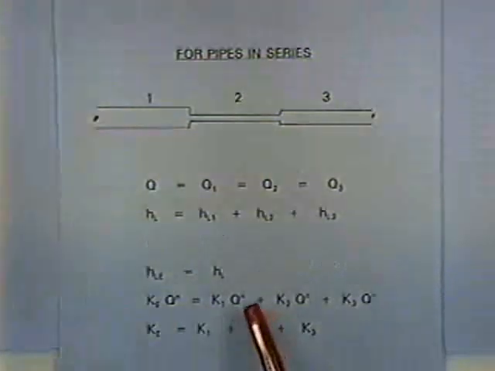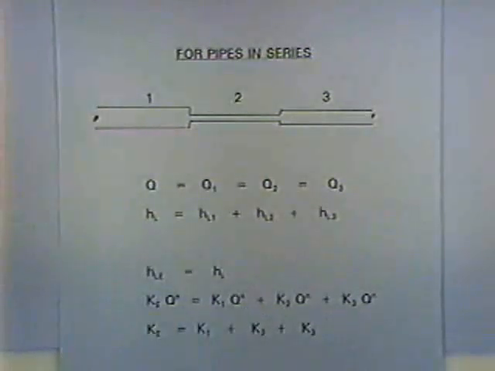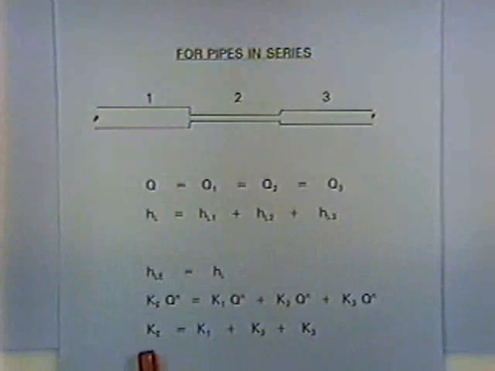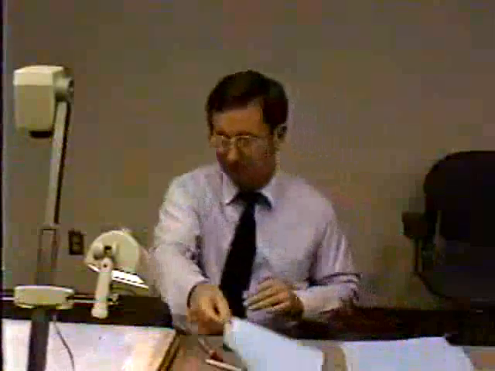And typically, you'd have the same N. If you apply Darcy-Weisbach to all the pipes, N would be 2. If you apply Hazen-Williams to all the pipes, N would be 1.85. And so the equivalent K is just adding the Ks together. That's for pipes in series.